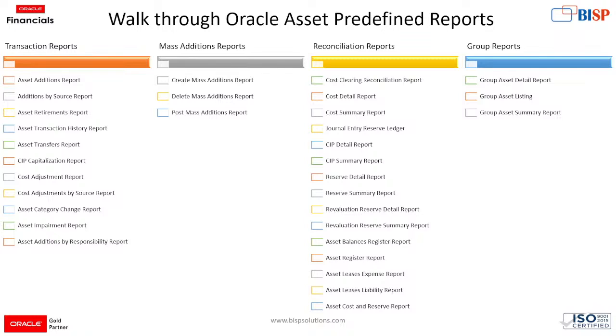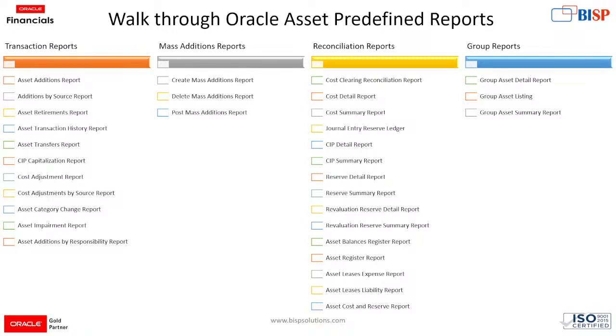This is the list of asset cost adjustments made during the specific period, sorted and grouped with totals for each balancing segment, asset type, asset cost account and cost center. Cost adjustment by source report. List of all asset cost adjustments made during the specific period, shows the detail of associated invoice lines, and sorted and totaled by source, balancing segment, asset type, asset account, cost center, and asset number.